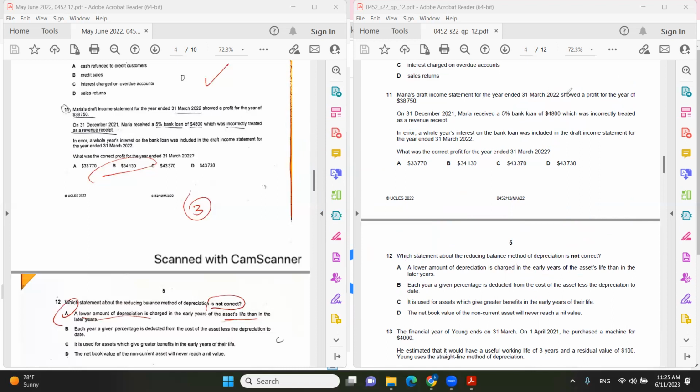So this one is profit before. And oh, sorry. This is the 21. Correct. The financial year. Year ended. That means your financial year is 1st April 21 to 31st March 22.